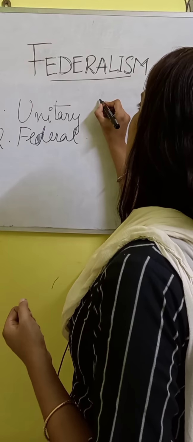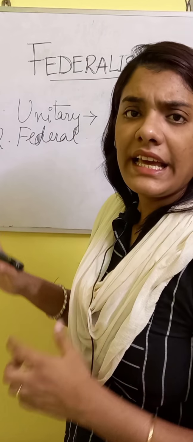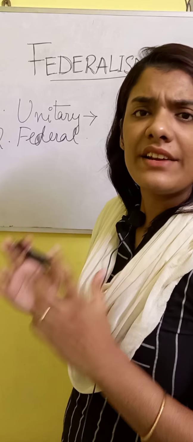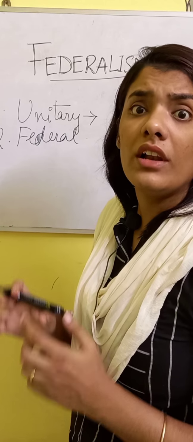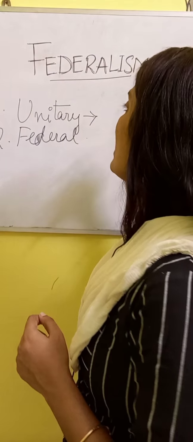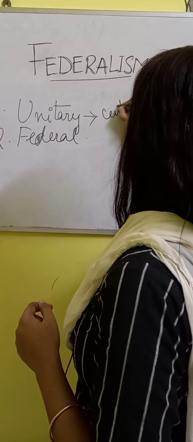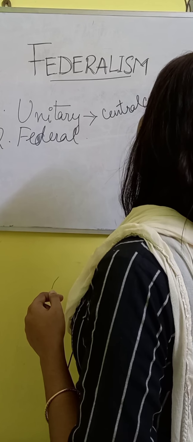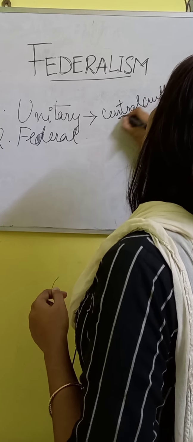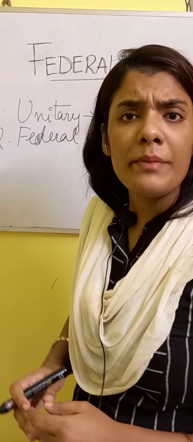Unitary government states that when power is accumulated in the hand of only the central authority, that is called a unitary government. But what about a federal government?